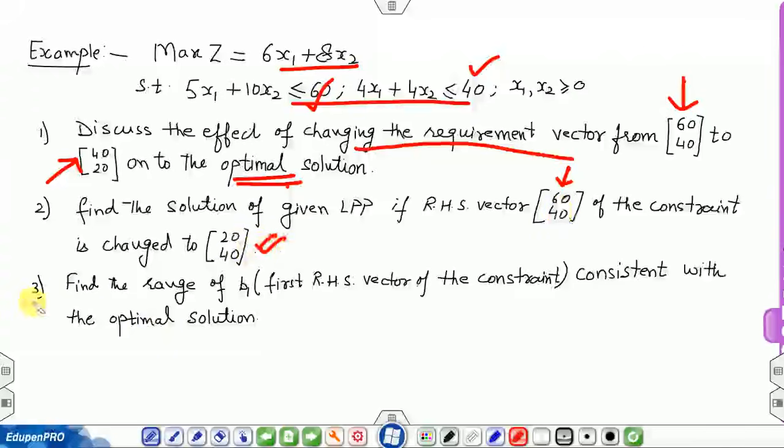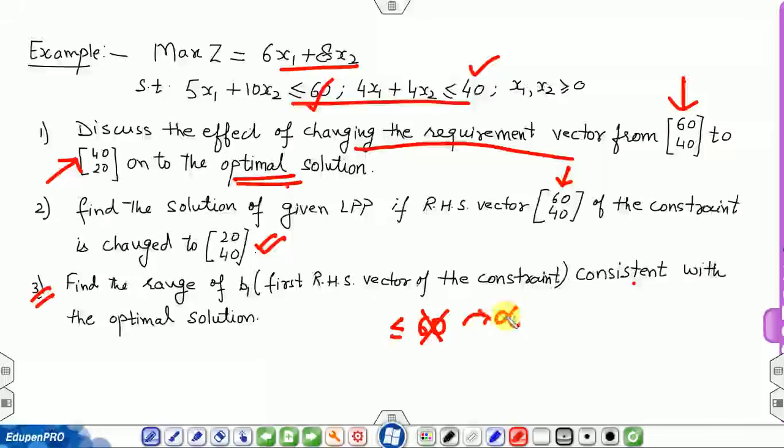And the third one is a more generalized one. What is the range of b1? b1 is here 60, that is the first right hand side of the constraint, that is consistent with the optimal solution. So I just want to replace this 60 with another number I call alpha. So what is the value of alpha?